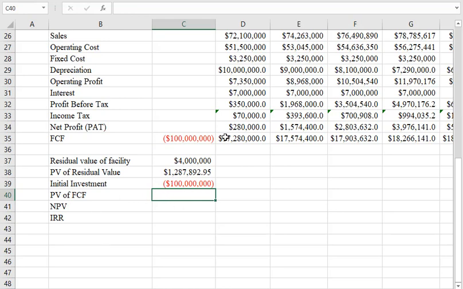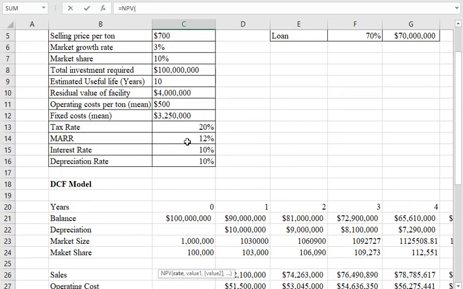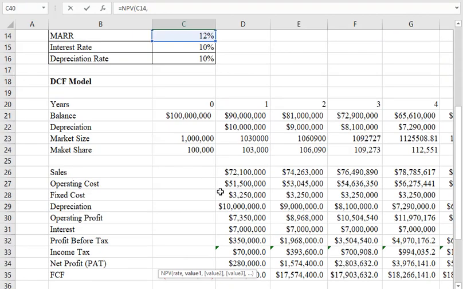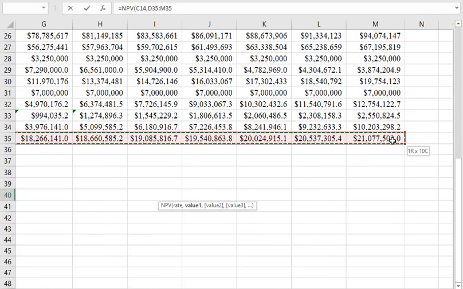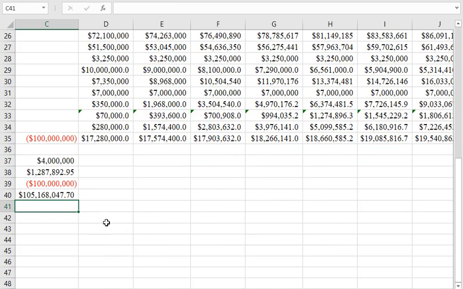The present value of all these returns, that is the free cash flow, must be calculated. This can be calculated by using the NPV formula, and the rate is taken as the minimum attractive rate of return, and all these returns are selected for the calculation of present value.